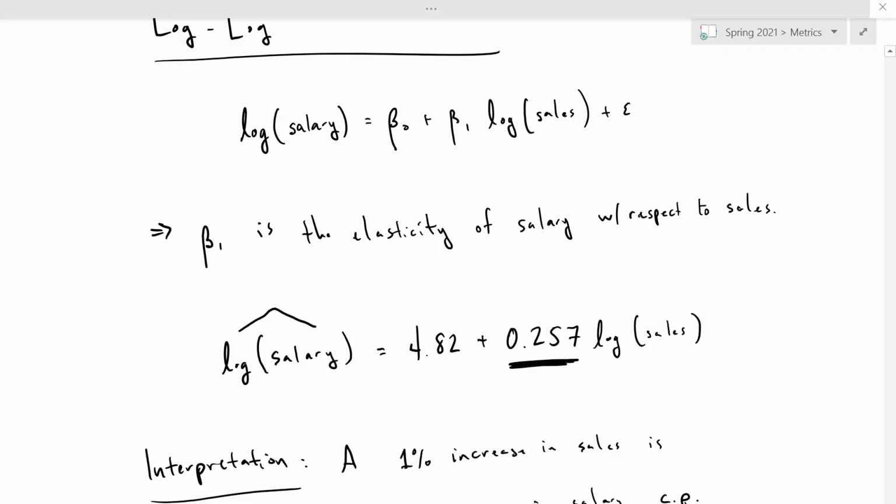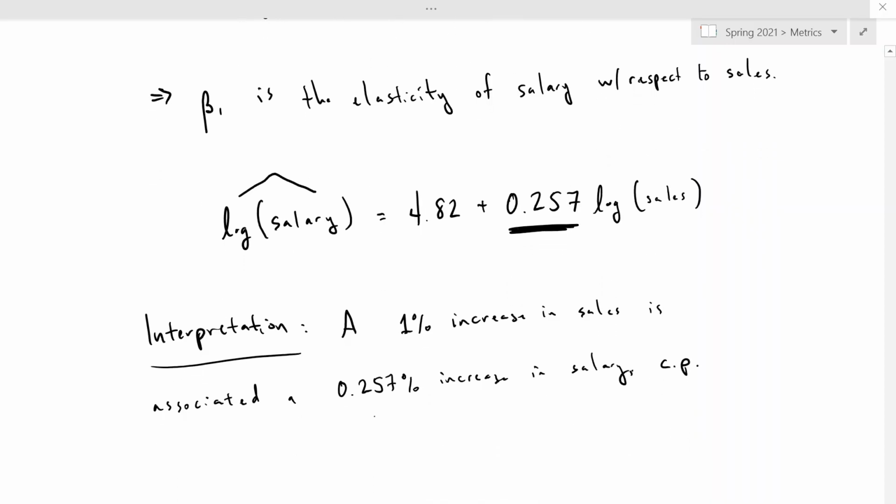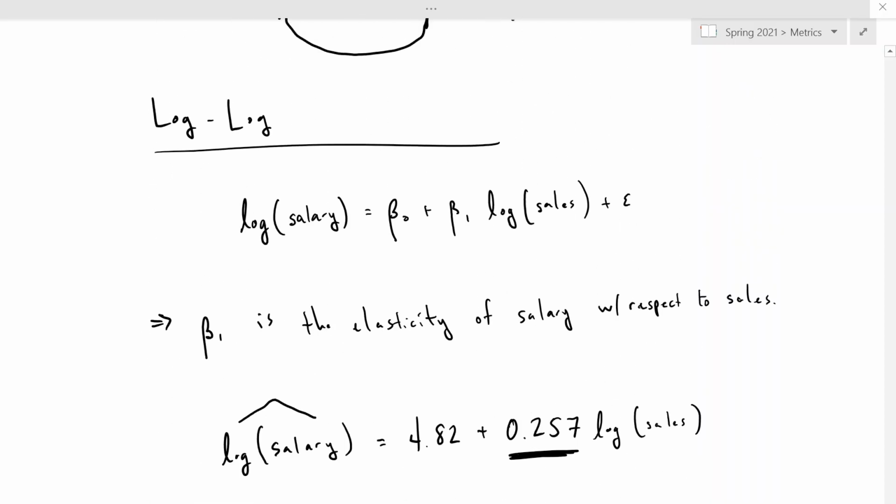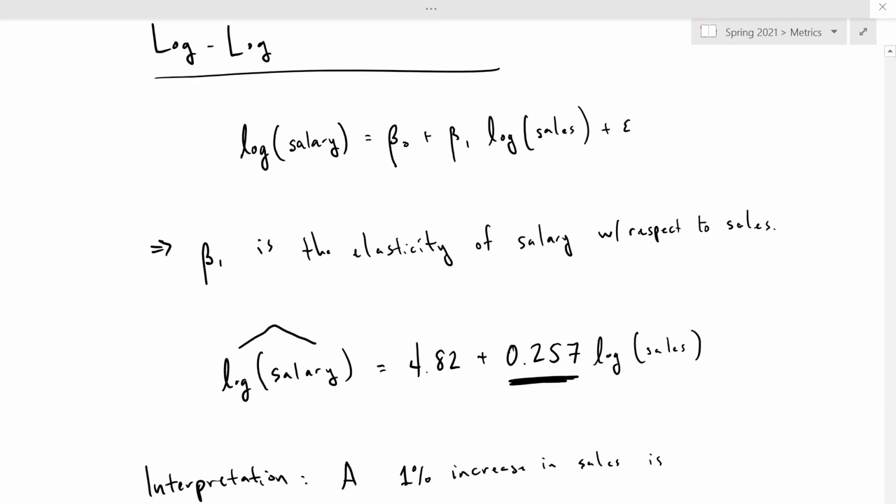Okay, so this is maybe the simplest, left the easiest for last. But yes, we do a log-log model. We can interpret this as a constant elasticity, and it gives us a nice, easy way to deal with large numbers like salaries and sales, or if you're looking specifically for elasticities, like price elasticity of demand, of income, or cross-price elasticities, you're going to use these log-log models.